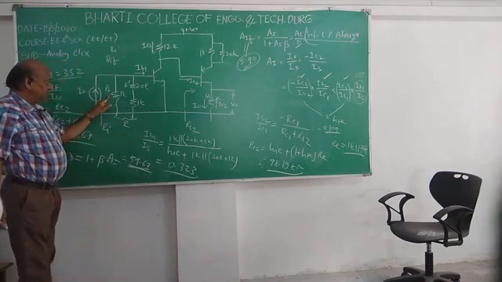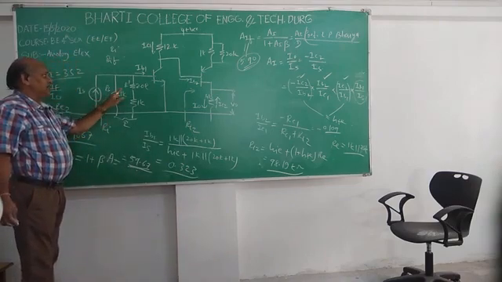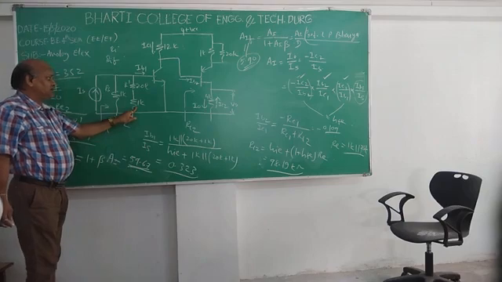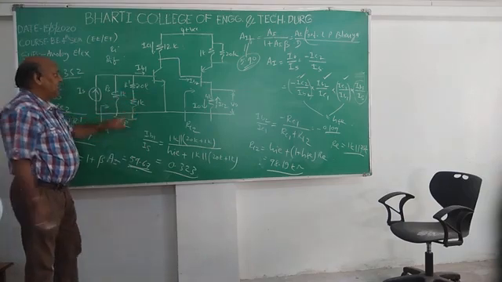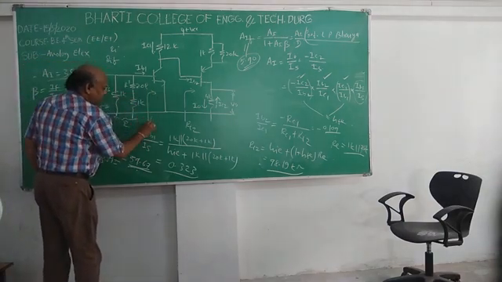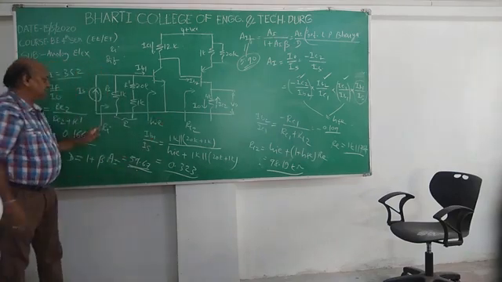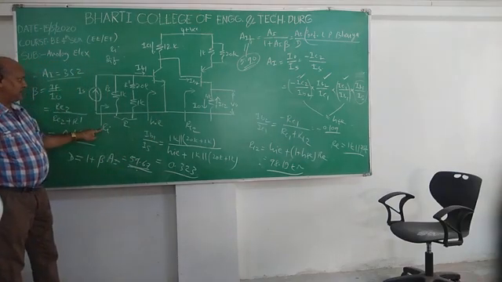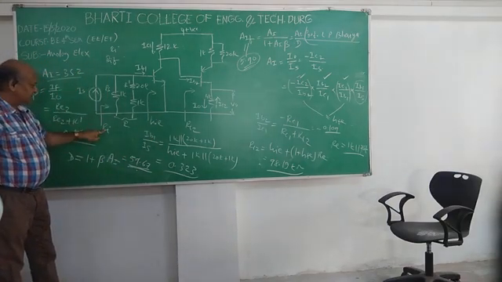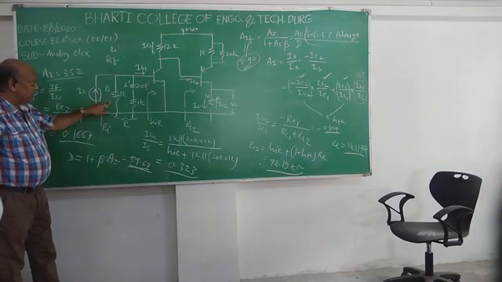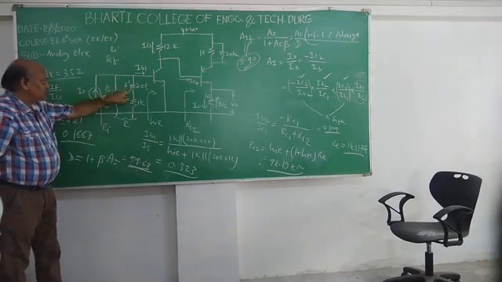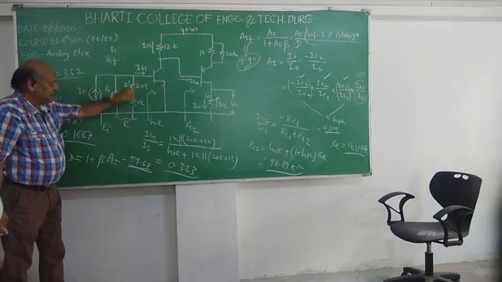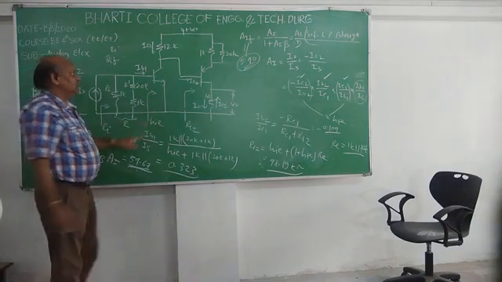Ri is equal to Rs parallel to R dash plus 1, that is 20K plus 1K, and parallel to HIE of this transistor. So Ri is equal to Rs parallel to 20K plus 1K, again parallel to HIE. So you will get the value of Ri.